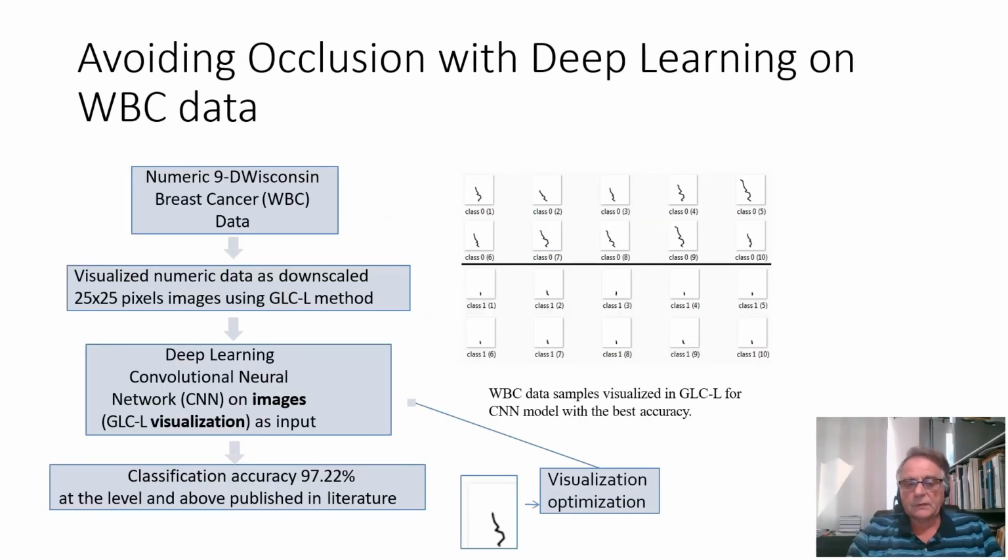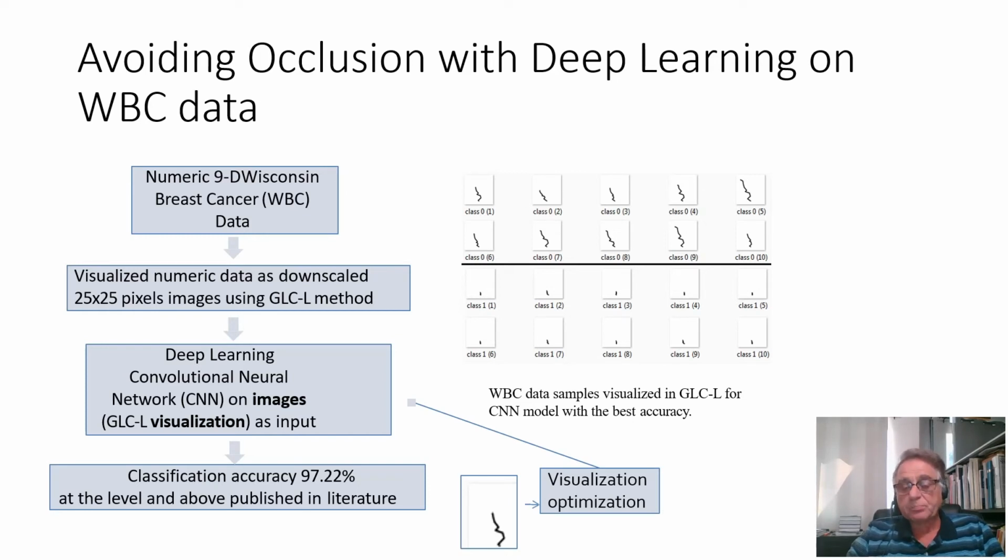This is another example. As you have seen in the previous slide, all these polylines heavily overlap with each other, and a human cannot see individual lines. Another approach is to draw each of these polylines in a separate image, like you can see here, images from one class, images from another class, and you can see visually quite significant differences between them.